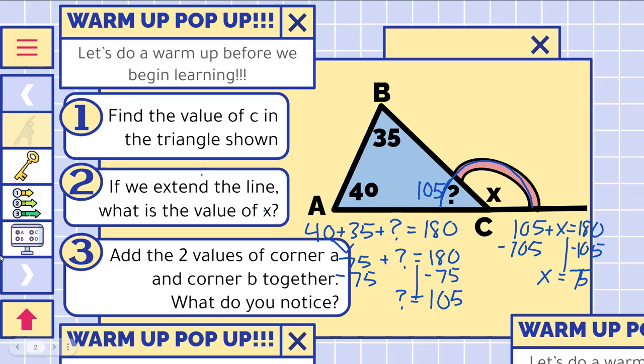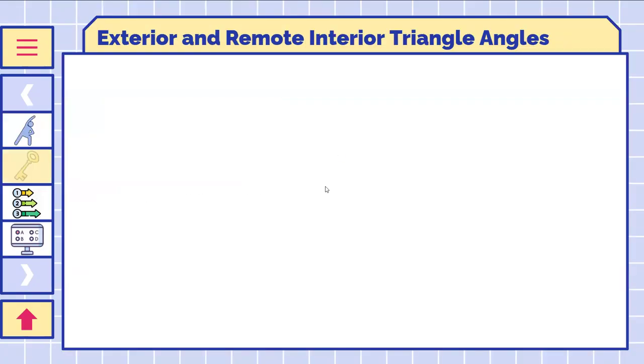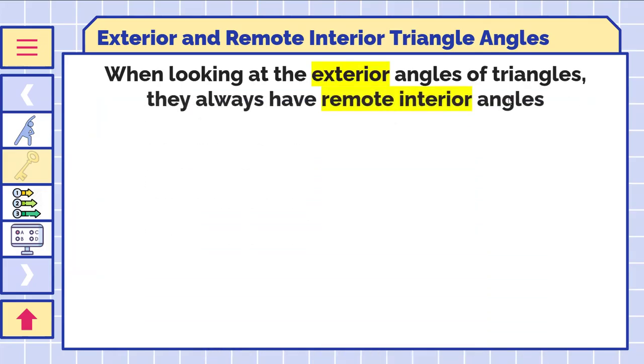With that, I'm going to clear this up. We have the exterior and remote interior triangle angles. When looking at the exterior angles of triangles, they always have remote interior angles.